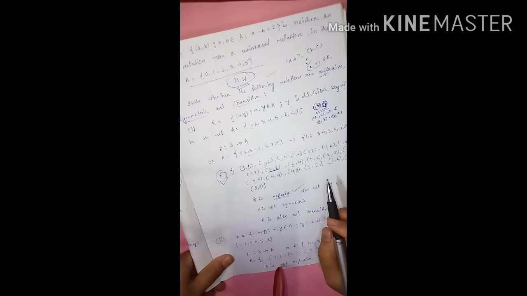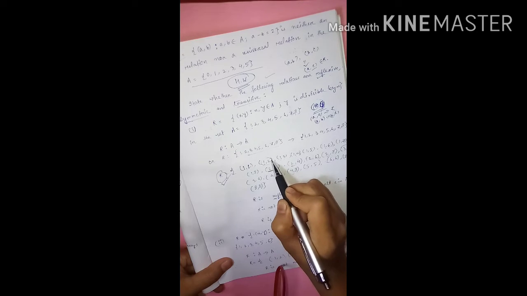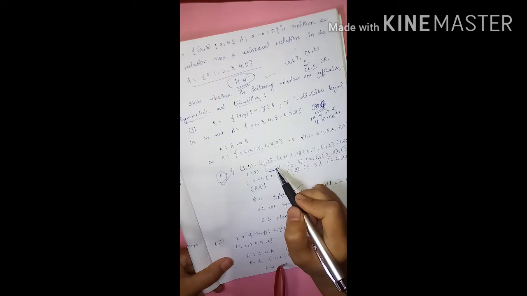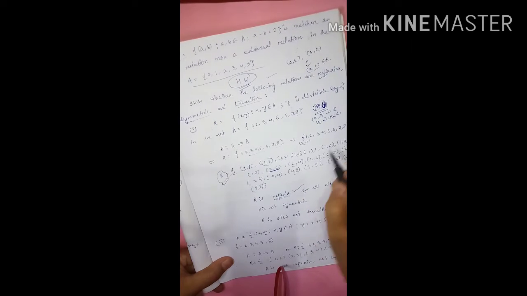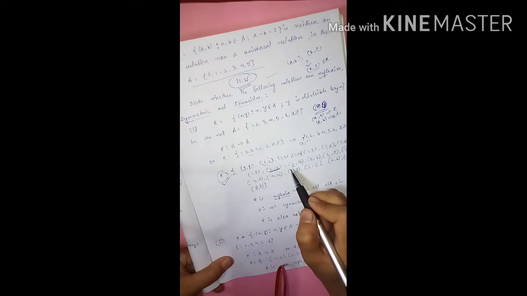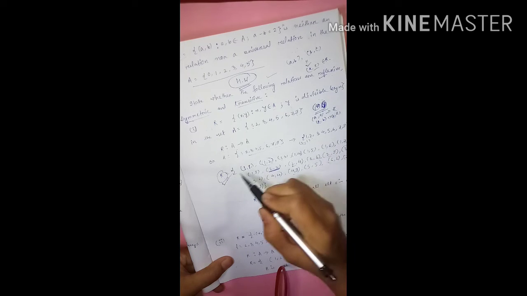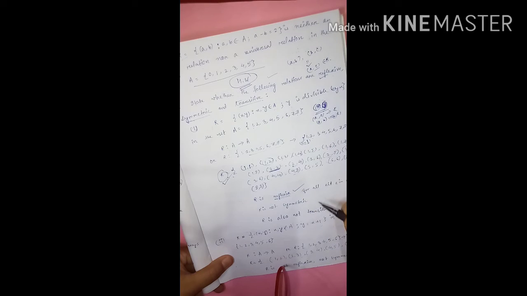To be symmetric, if we have an element (1, 2), it should imply there is another element (2, 1) in R. Let's see whether this is in this relation or not. We have no element (2, 1) in R because 1 is not divisible by 2, right?